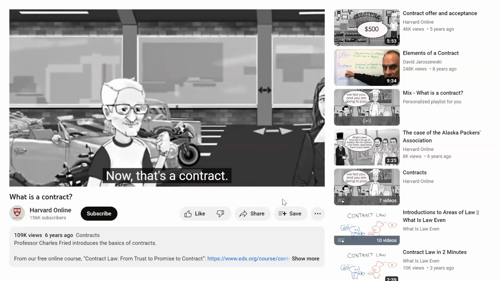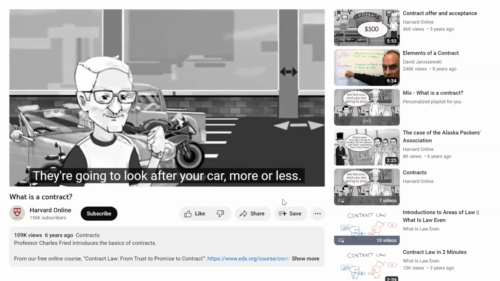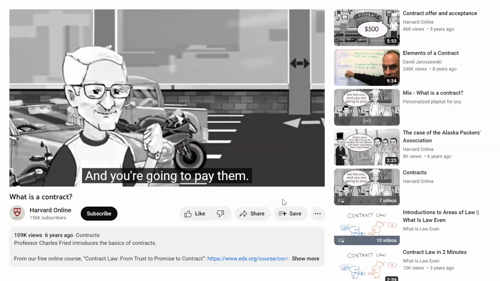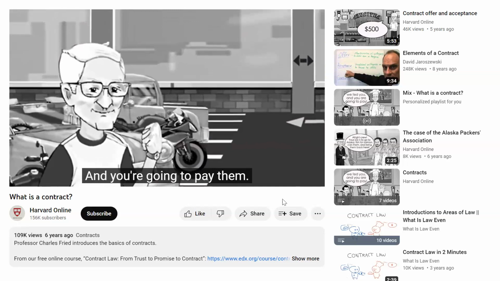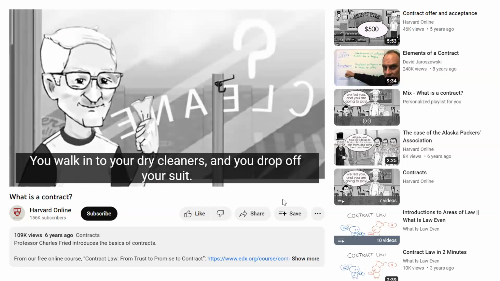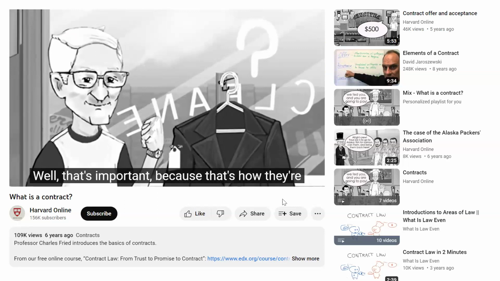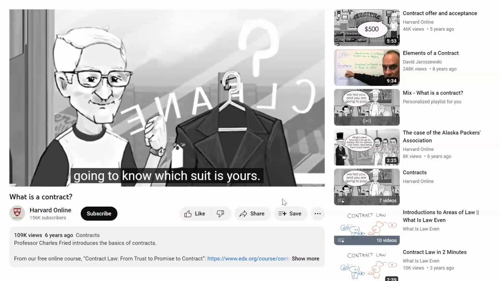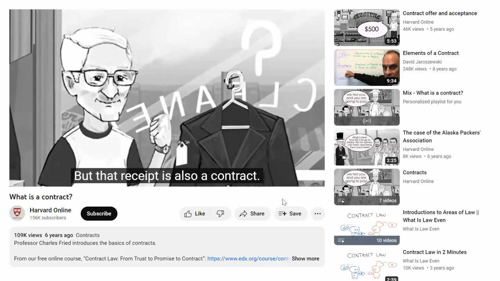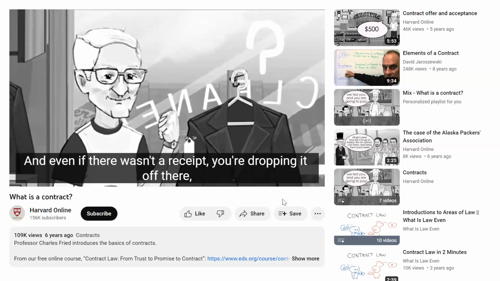Now, that's a contract. They're going to look after your car, more or less, and you're going to pay them. You walk in to your dry cleaners and you drop off your suit, and the person behind the desk gives you a receipt. Well, that's important because that's how they're going to know which suit is yours. But that receipt is also a contract.